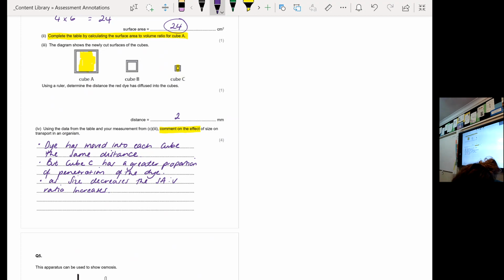That's the word I'm looking for. So that is a point that I can use to explain. So smaller organisms are more efficient at carrying out diffusion.